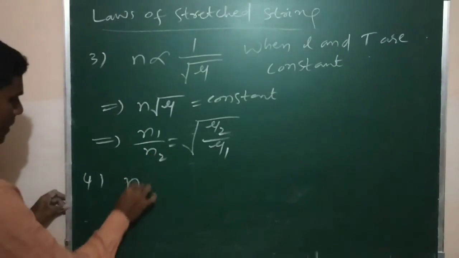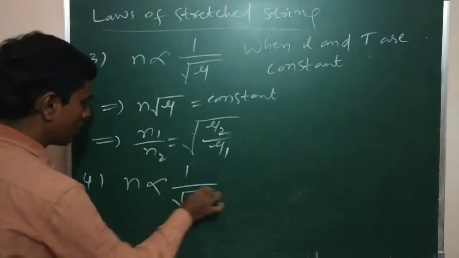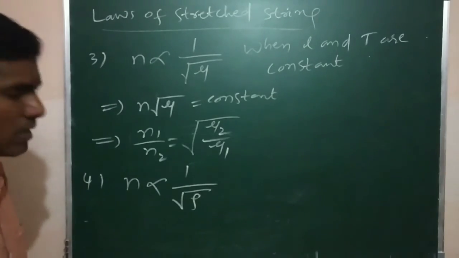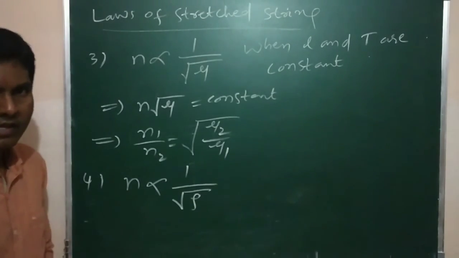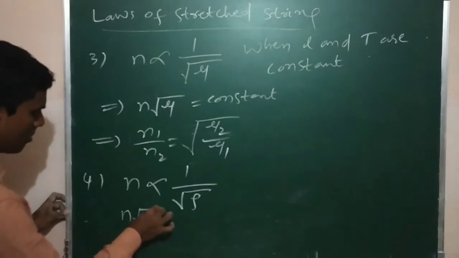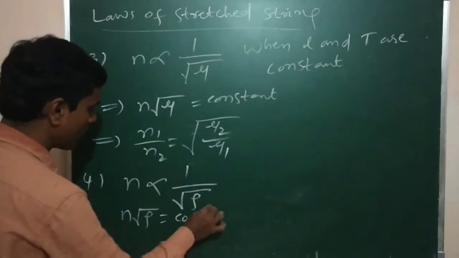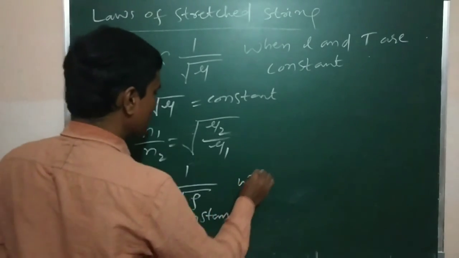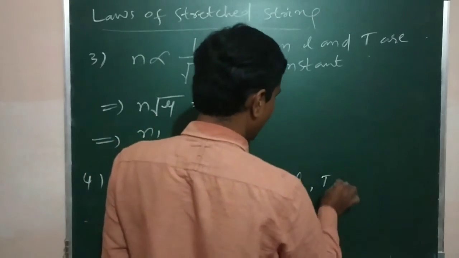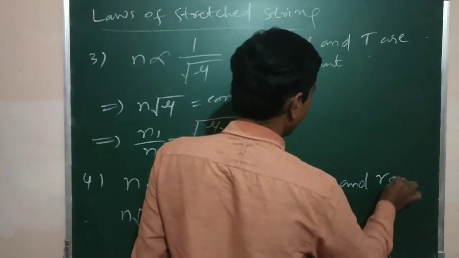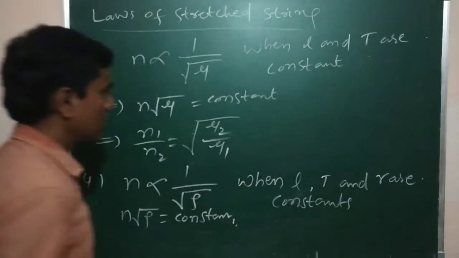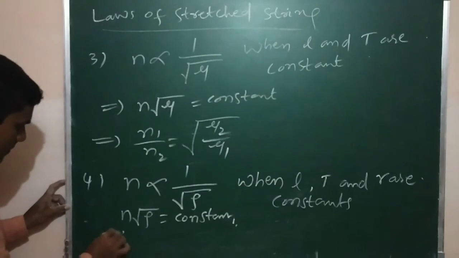Next, the fourth one: n is inversely proportional to root rho. The fundamental frequency is inversely proportional to the square root of the density of the string. So n root rho equals constant, when L, T and r are constant.